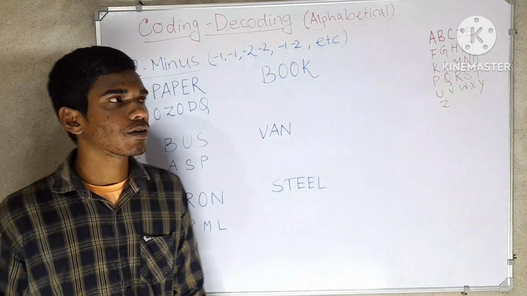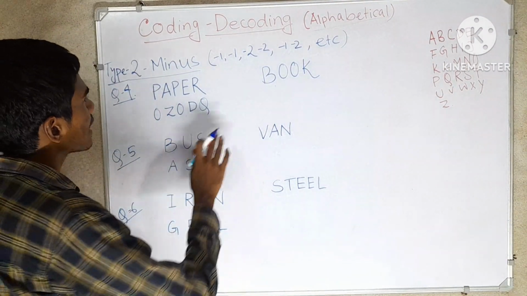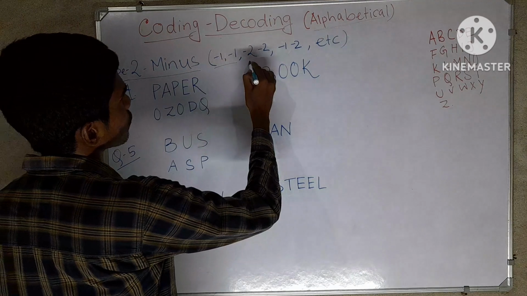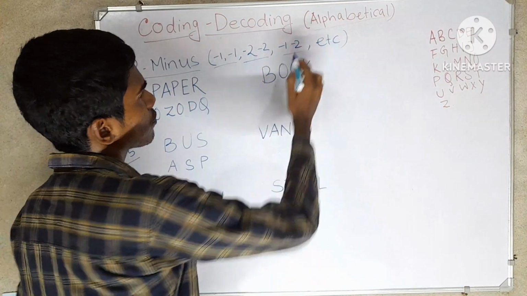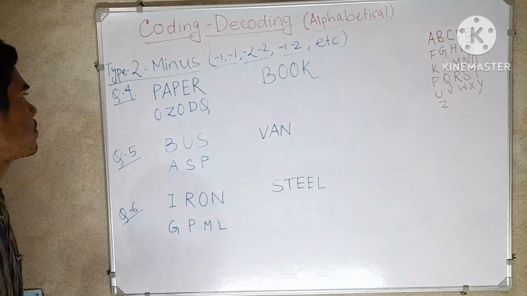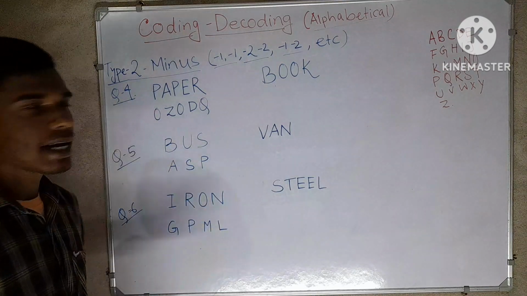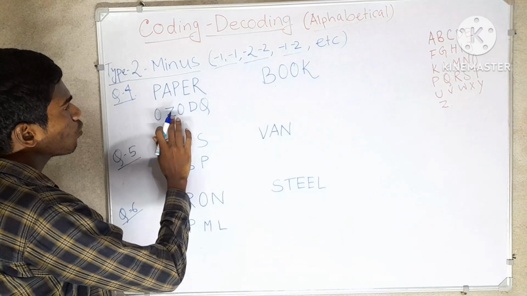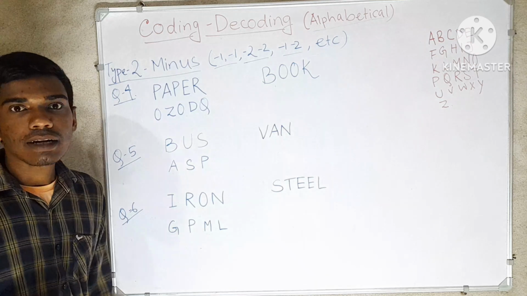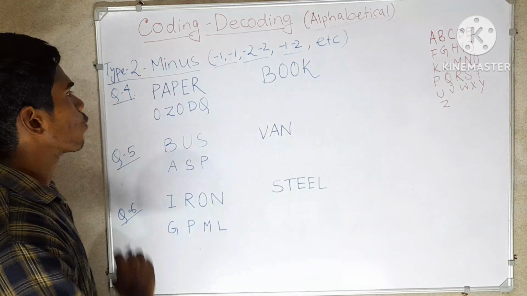Type 2 of coding decoding, that is when the word is coded by -1 -1 -2 -2 -1 -2 etc. pattern. Question number 4. If paper is coded as OZODQ, then what is the code for book?